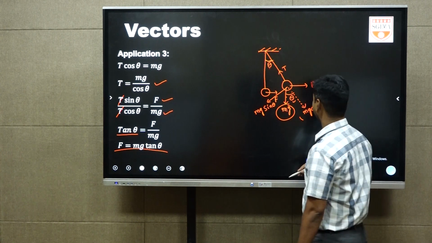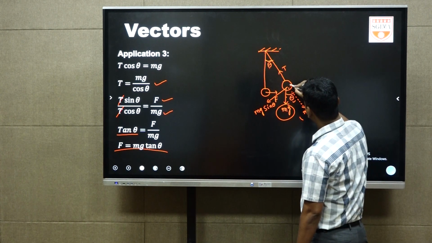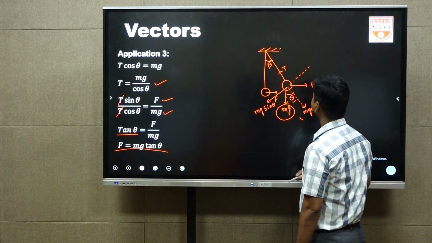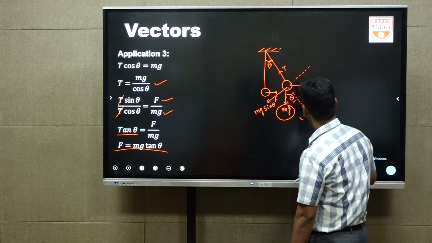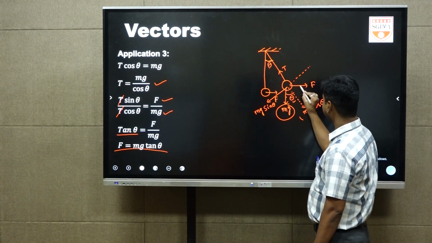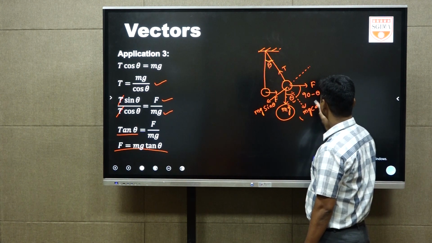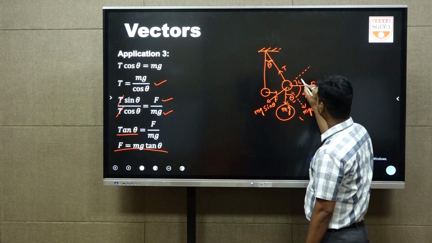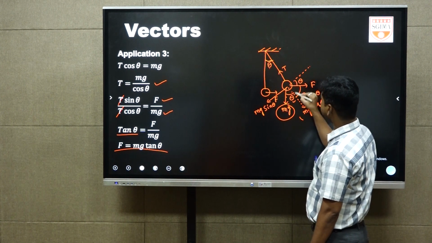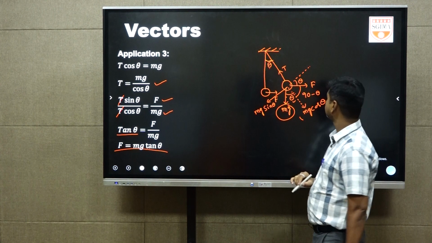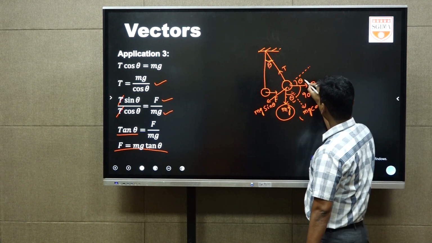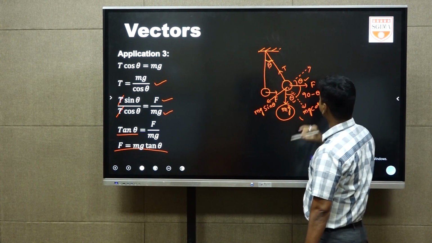Or F also you can resolve. How to resolve this F? Here one line can be taken. Here is the angle theta, and this angle is 90 minus theta. Then this angle is theta, because these two dotted lines are perpendicular to each other. Now resolve this F. Here I have the angle theta in this line.